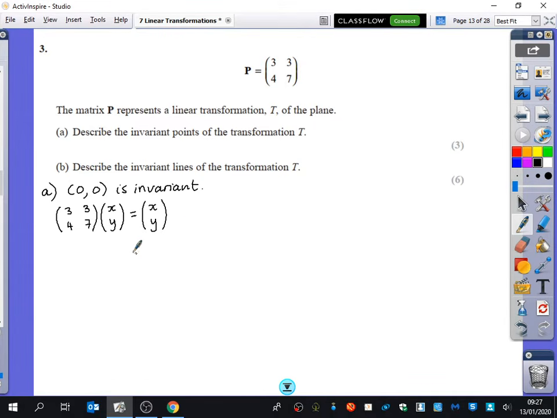So what does the left-hand side of the matrix come out to be? What's the first part? 3x. So you get 3x plus 3y and 4x plus 7y is equal to x, y. So just as before, these bits must be equal and these bits must be equal.